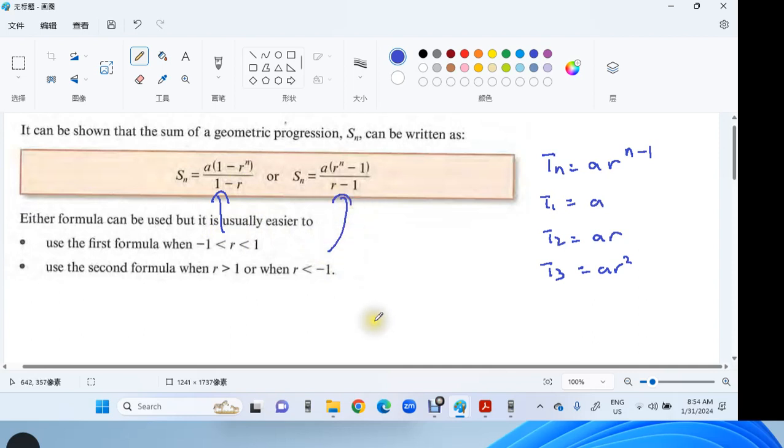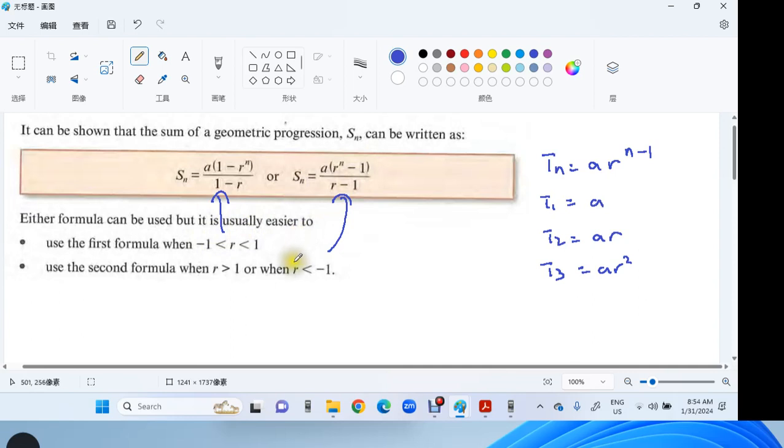But whichever one you use will give you the same answer. If you're not sure which one to use, you use either one, no problem. Both will give you the same answer. Even if your r is between -1 and 1 and you use the second equation, you still get the same answer.